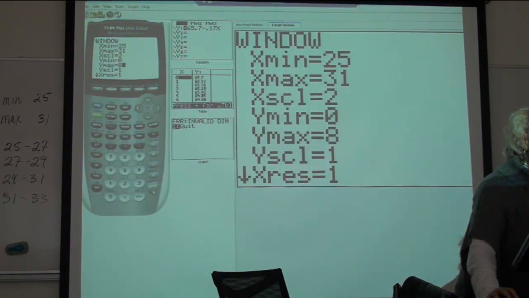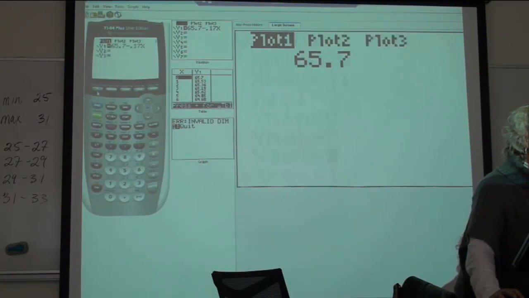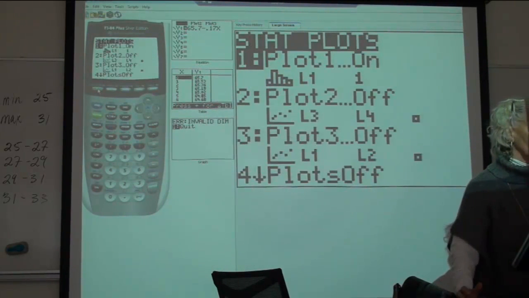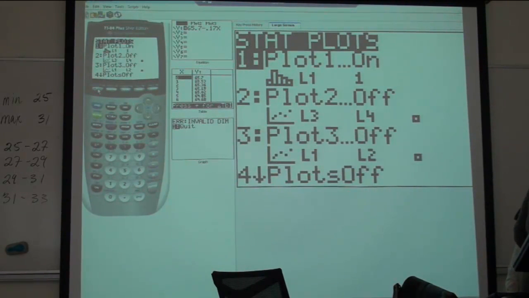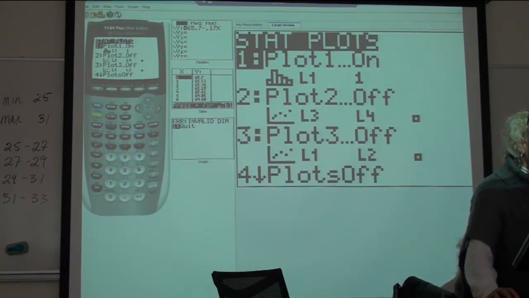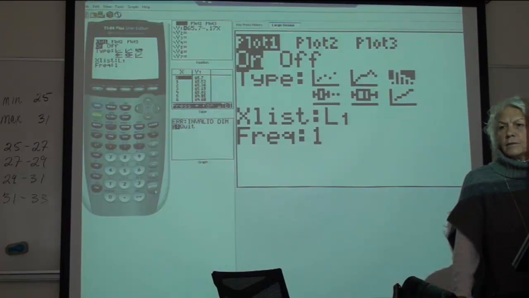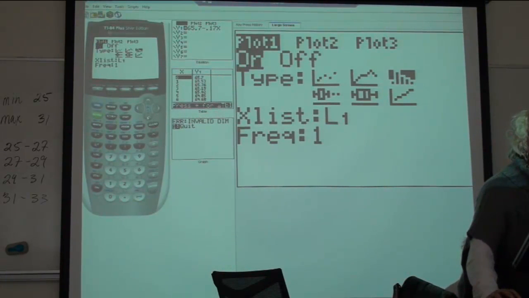Okay, so next I'm going to decide how to graph, so stat plot. And I can use the first one. What will be different here? List 2. My data is in list 2. So blue 2.